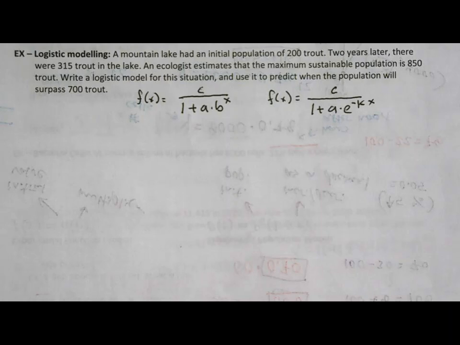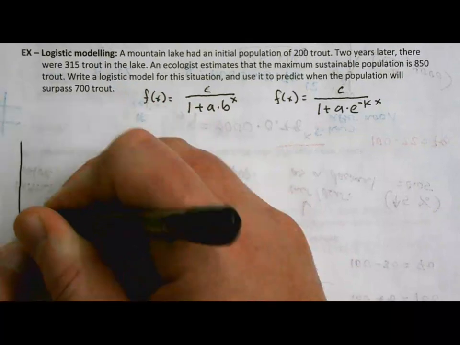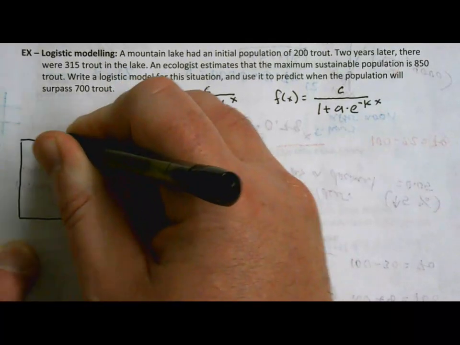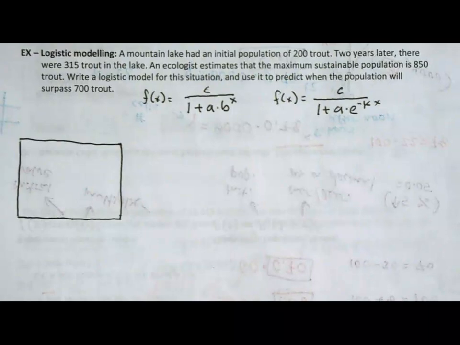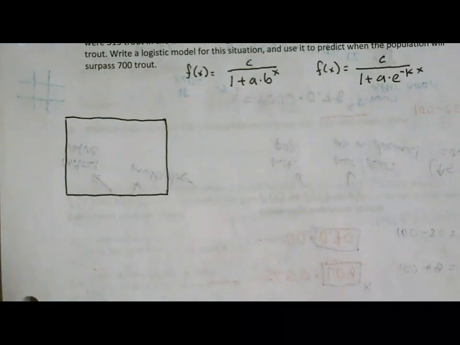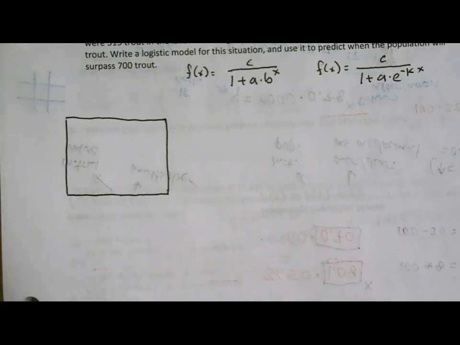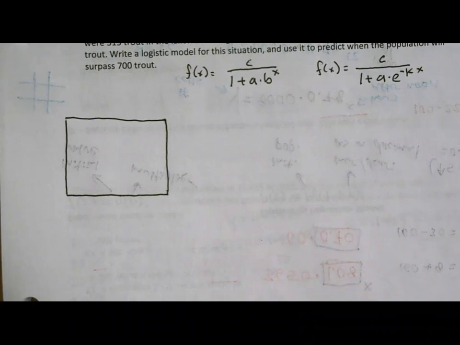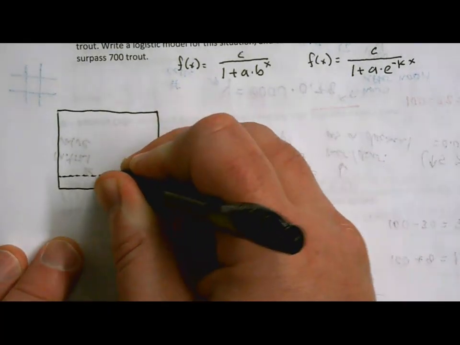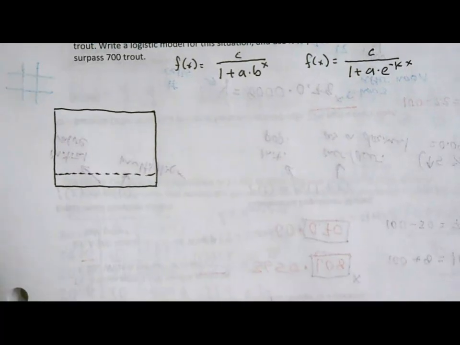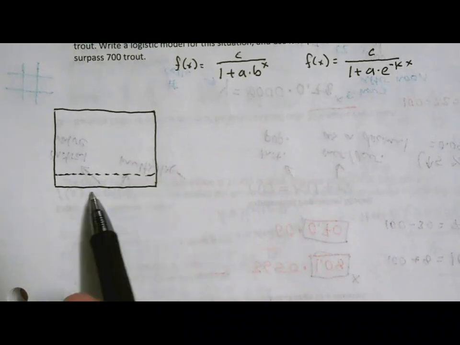So I like to start this by sketching a graph, and thinking about what my window settings are going to be, since we're going to need to graph this in a minute. I'm going to have my x-axis just a little bit off of the bottom. I like to leave a little bit of space under the x-axis when I'm graphing, because that's where the numbers end up when you're doing your analysis, and I don't want those covering up my graph.